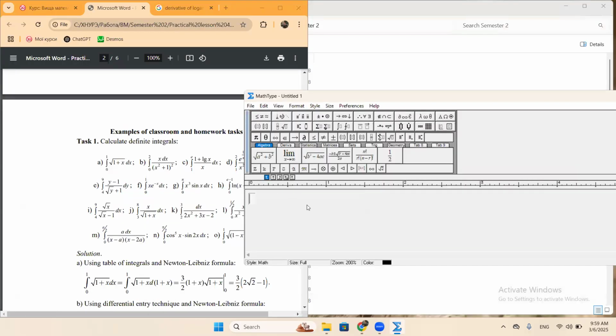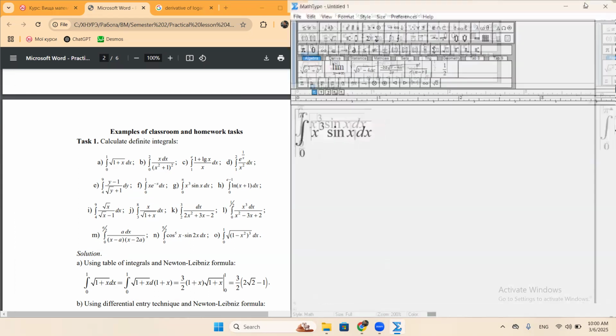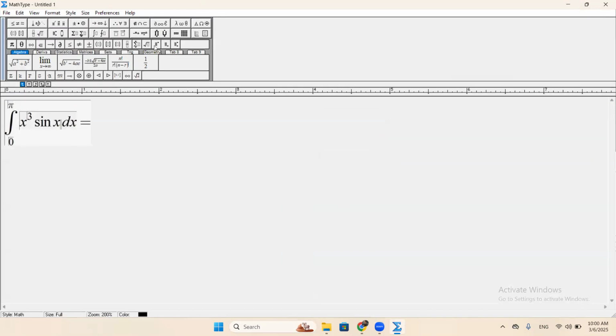So again, we integrate by parts here 3 times. So integral from 0 to p, x in power of 3 multiplied by sine of x dx. So let's work. As we see power of 3, it means that we will integrate by parts 3 times, but a lot of components here will be eliminated.